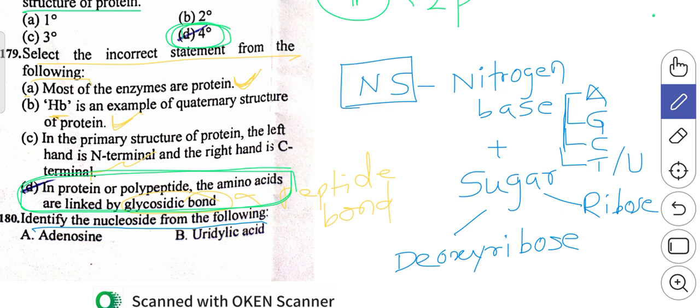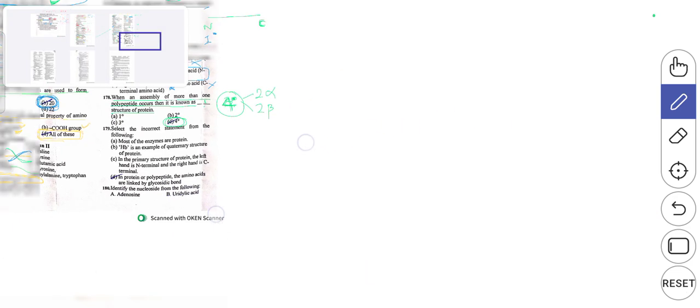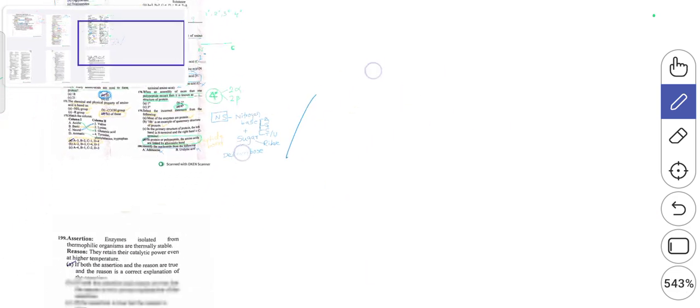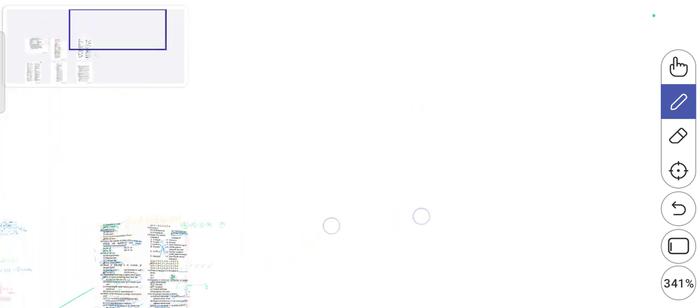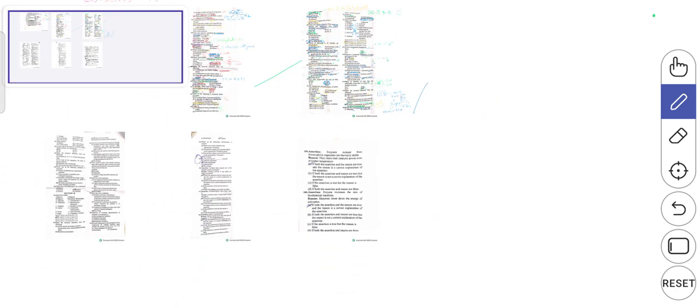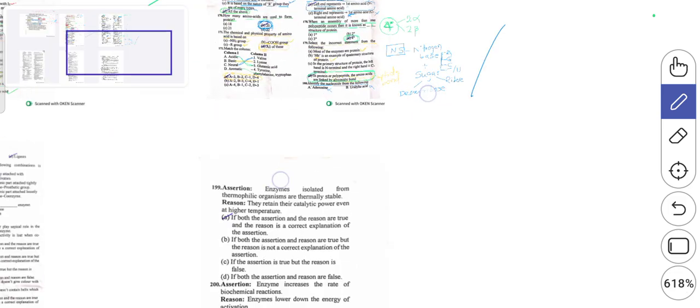Let's see. They have given four options. You have to choose the nucleoside. Here adenosine, it is not a nucleoside. Uridylic acid, it is a nucleotide. So next uridine and adenosine, uridine.